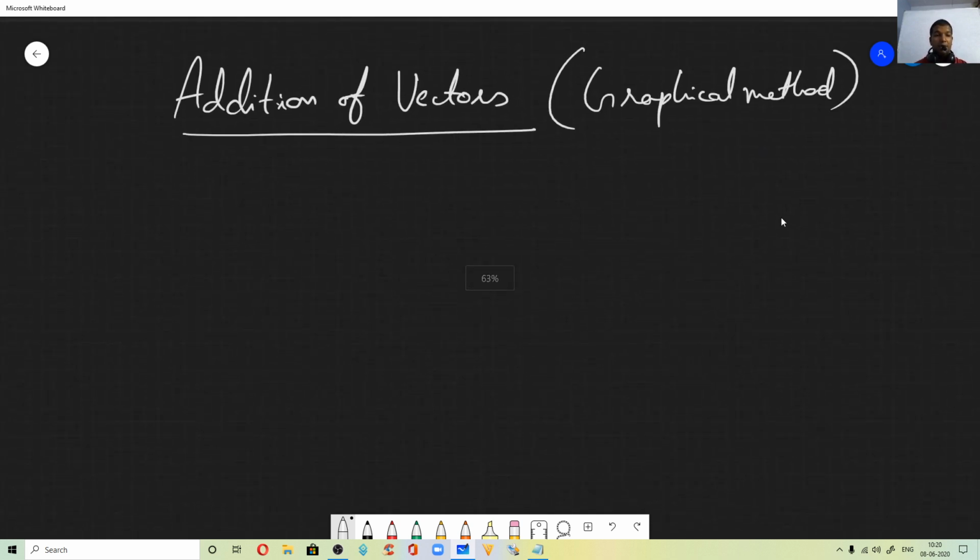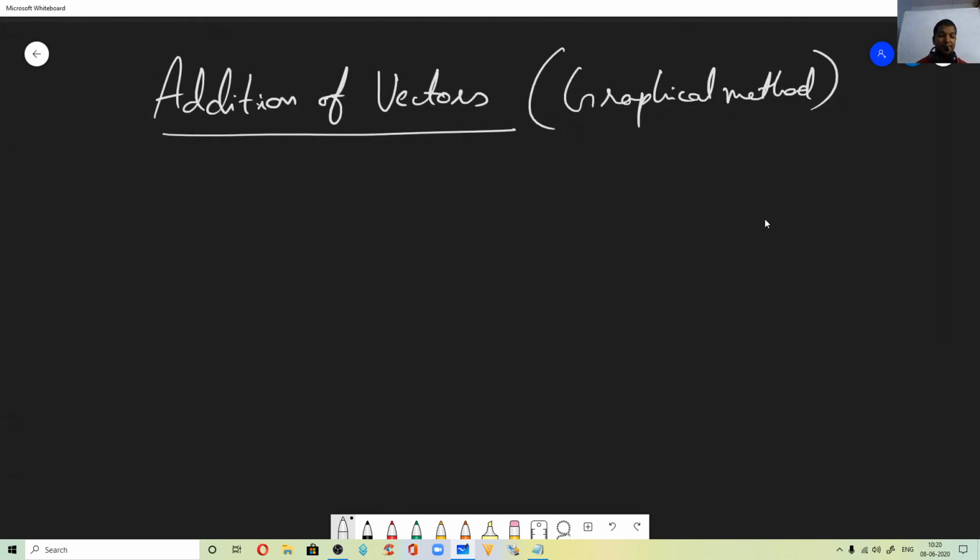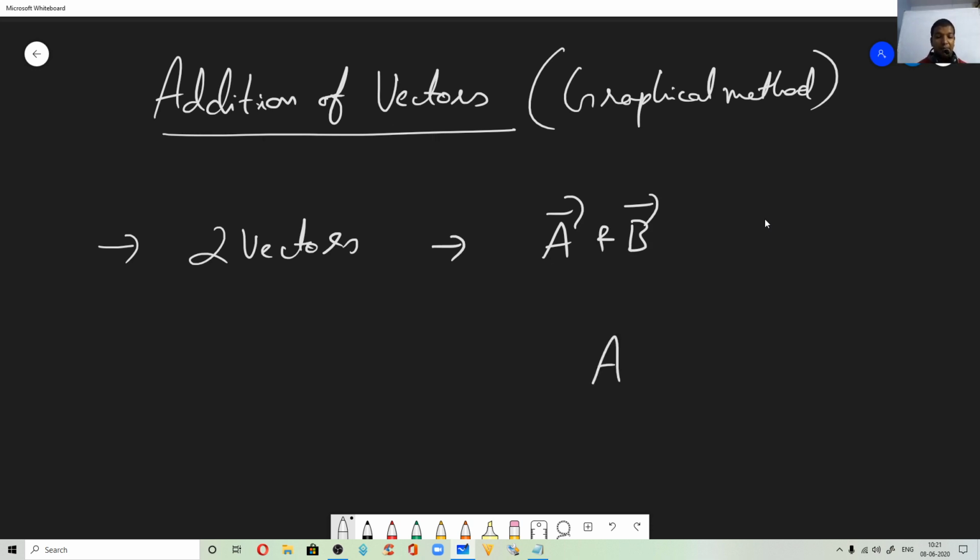Say we have two vectors, a and b. Now, the vector sum: the same plus symbol will be used.